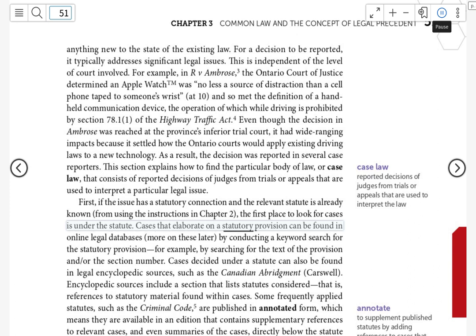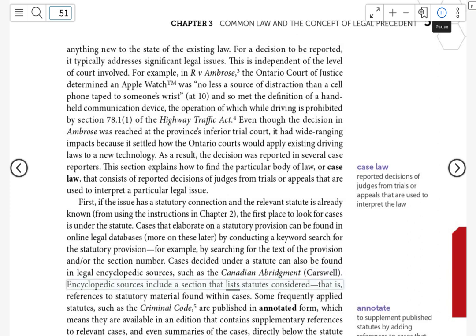Cases that elaborate on a statutory provision can be found in online legal databases, more on these later, by conducting a keyword search for the statutory provision, for example, by searching for the text of the provision and/or the section number. Cases decided under a statute can also be found in legal encyclopedic sources, such as the Canadian Abridgment, Carswell.